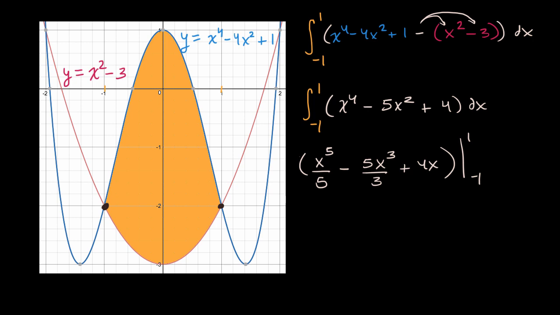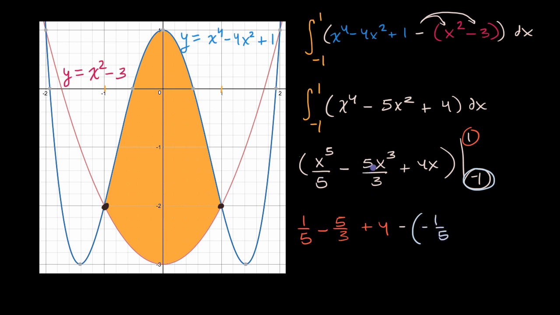So if we evaluate that at 1, we are going to get 1/5 minus 5/3 plus 4. And then from that, we are going to subtract all of this evaluated at -1. So that is going to be, so minus, -1 to the fifth over 5, that is -1/5.